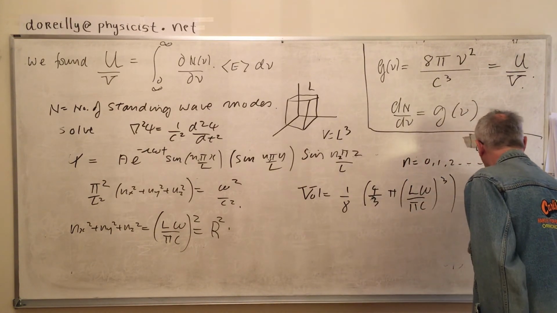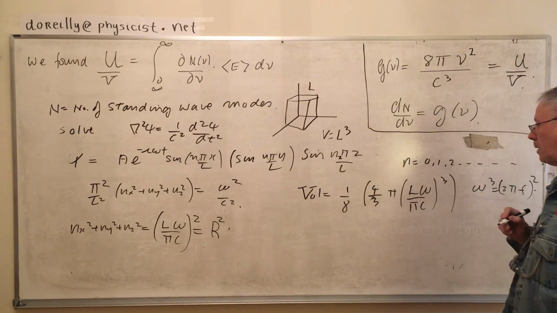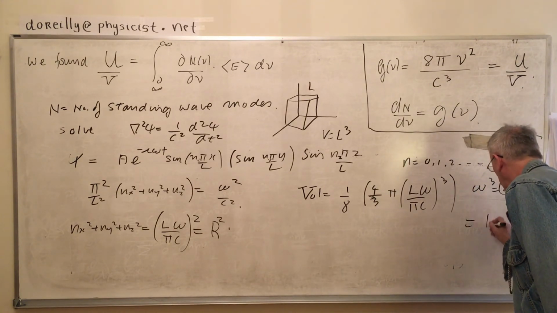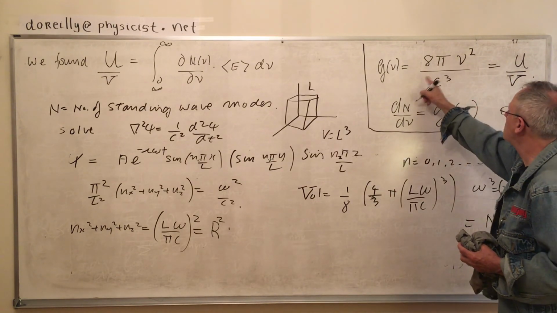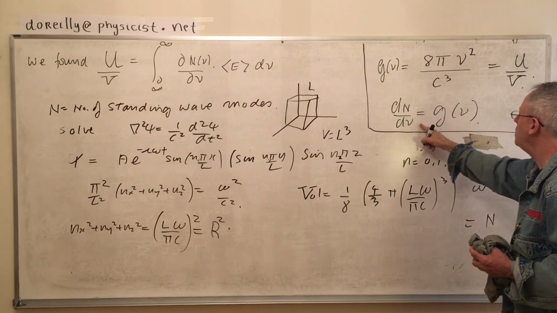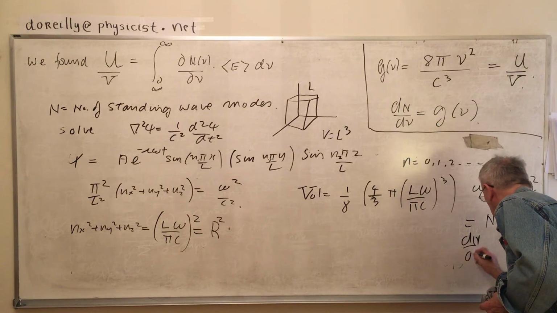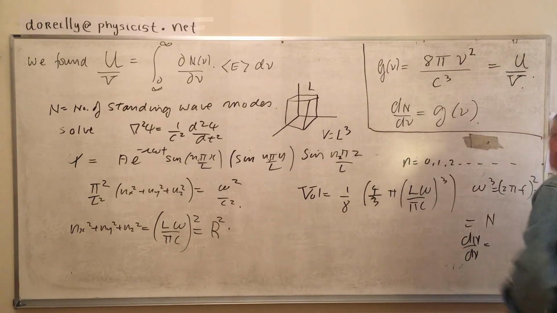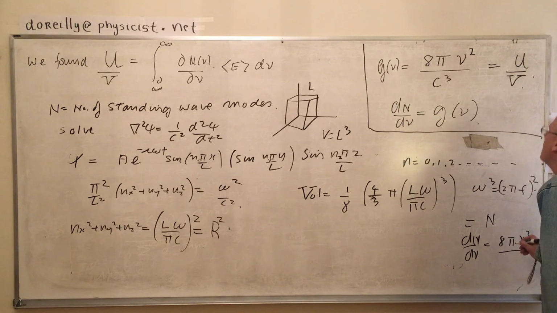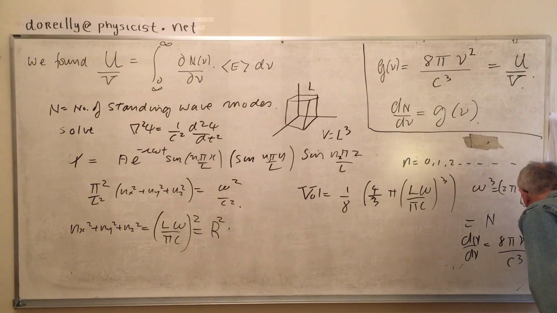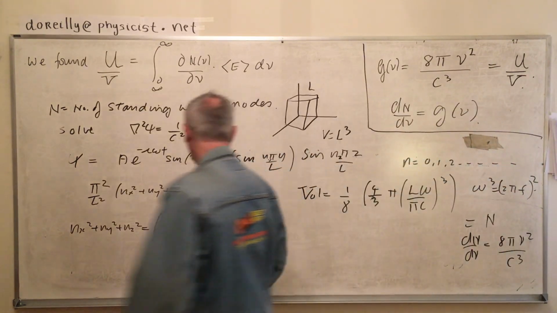And omega cubed is 2 pi f cubed. So when we work out this, we get an expression for n, the number of modes inside that octant of the sphere, and then we take its derivative to find that dN by d nu is 8 pi nu squared over c cubed. I think this is squared. Yes, it's squared. Okay? And that's where it all came from.